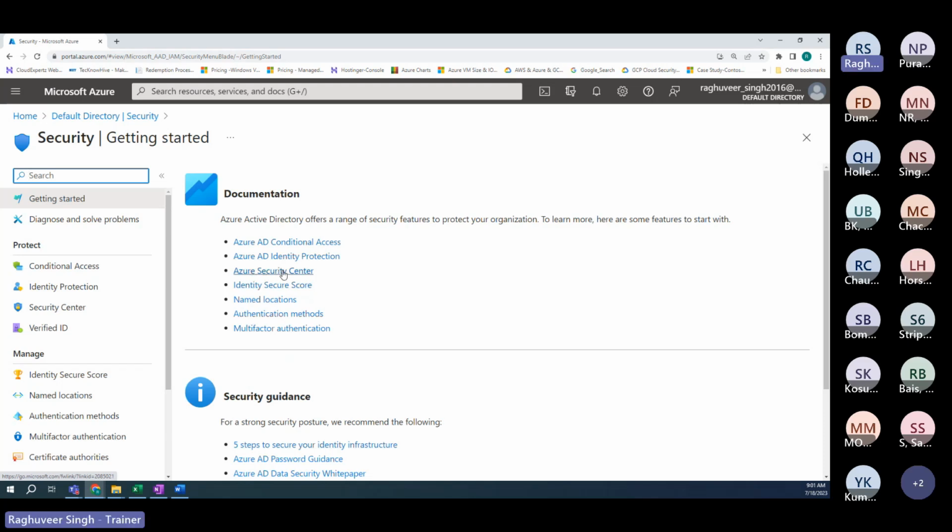You have Azure Security Center, which is now renamed as Microsoft Defender for Cloud. So Microsoft just needs to update the portal here. You have Identity Secure Score, which is also part of Microsoft Defender for Cloud now. Named location, which is a service which is used inside Azure AD conditional access.